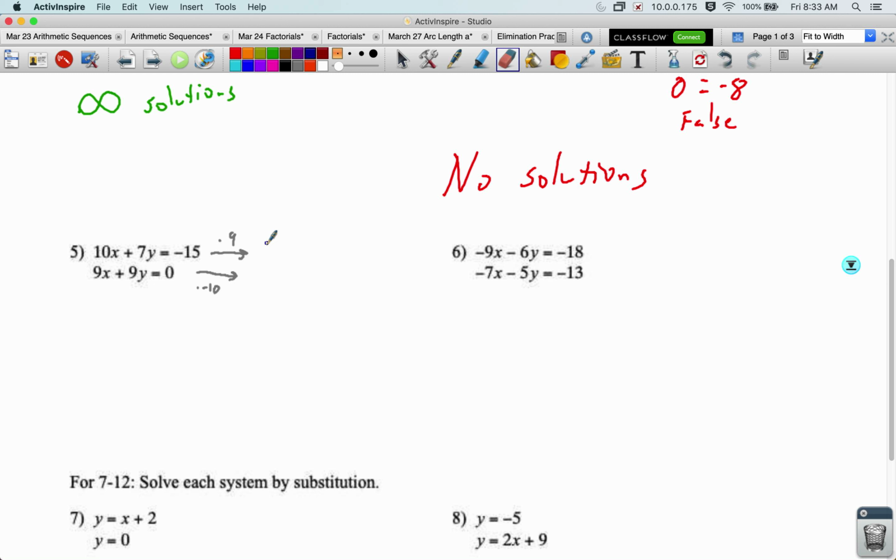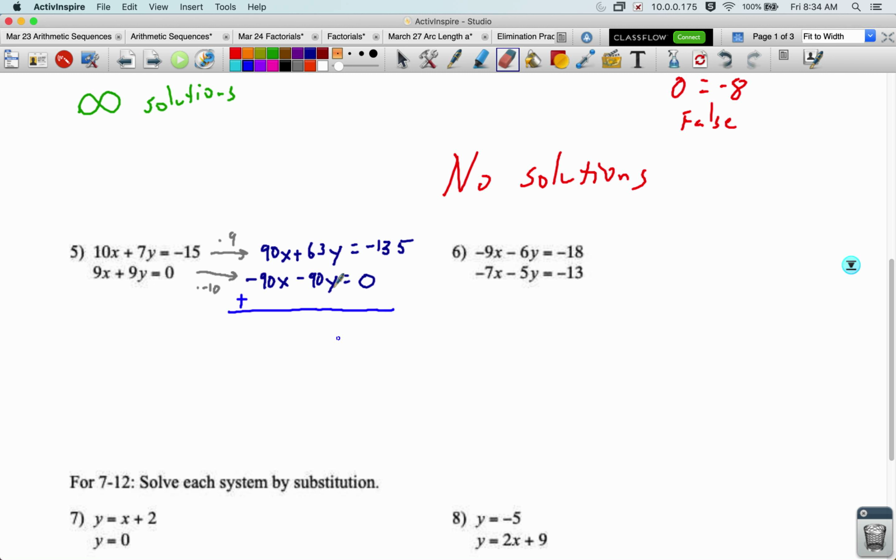When I multiply by 9, I get 90x plus 63y equals negative 135. Let me double check: 15 times 9, negative 135. Multiplying everything by negative 10 here, so negative 90x minus 90y equals 0, since 0 times anything is still 0. I'm now ready to add these together.